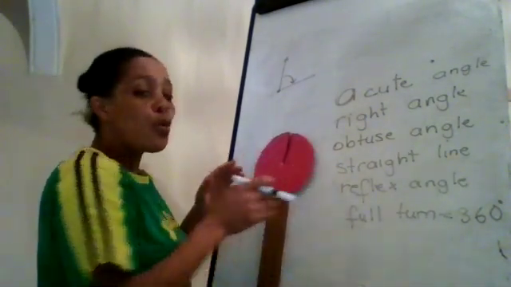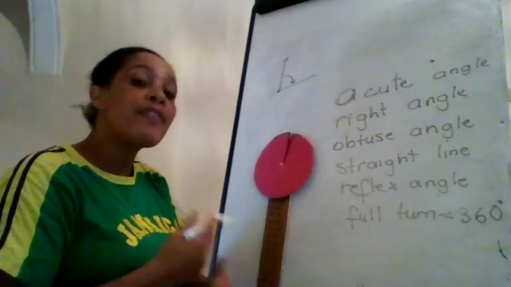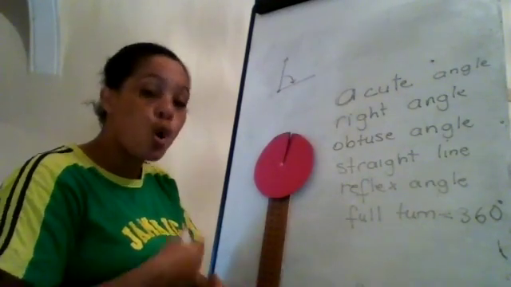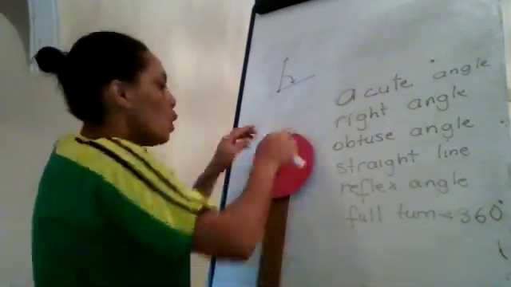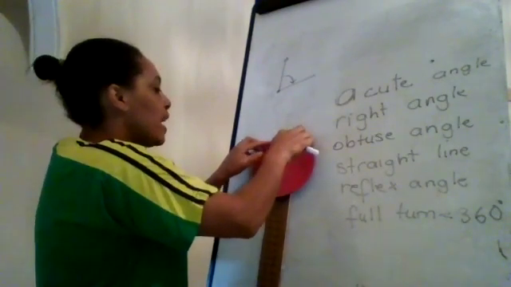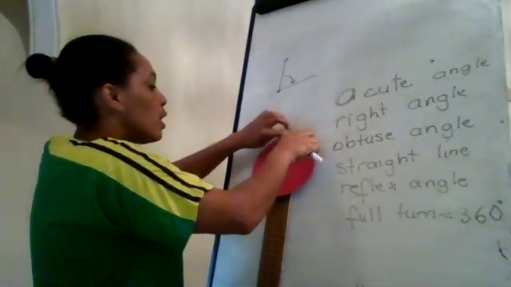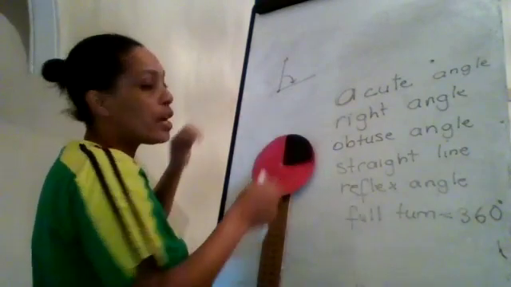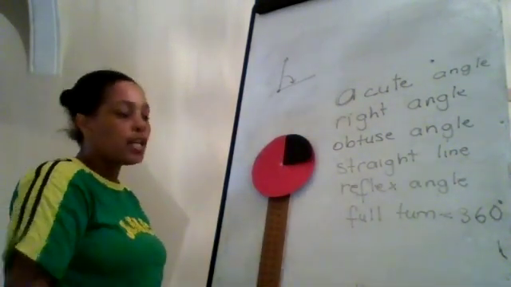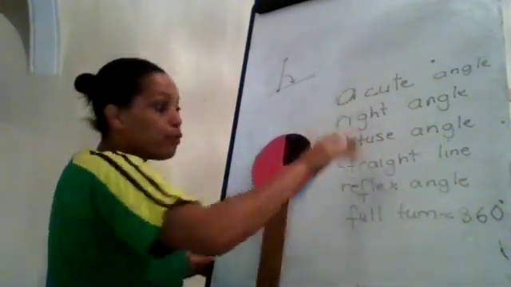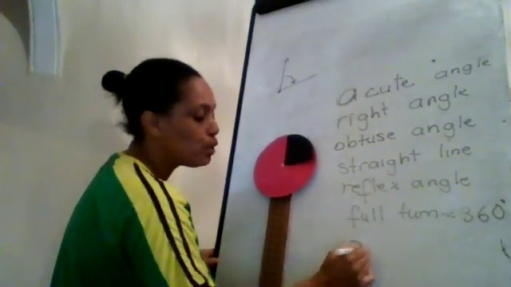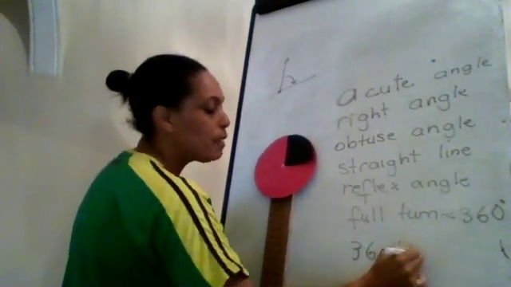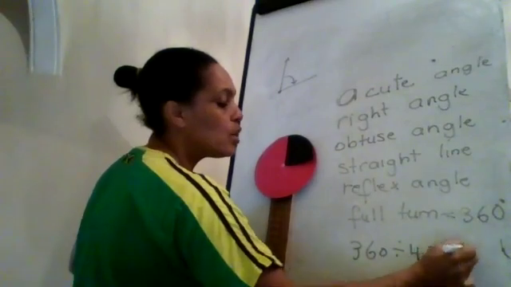Now we're using what we know already to identify the things that we do not know or might have forgotten. We know that that is a quarter of the circle. So a quarter of the red circle there is covered. Now a quarter of 360 is covered. So 360 divided by 4 is equal to 90.